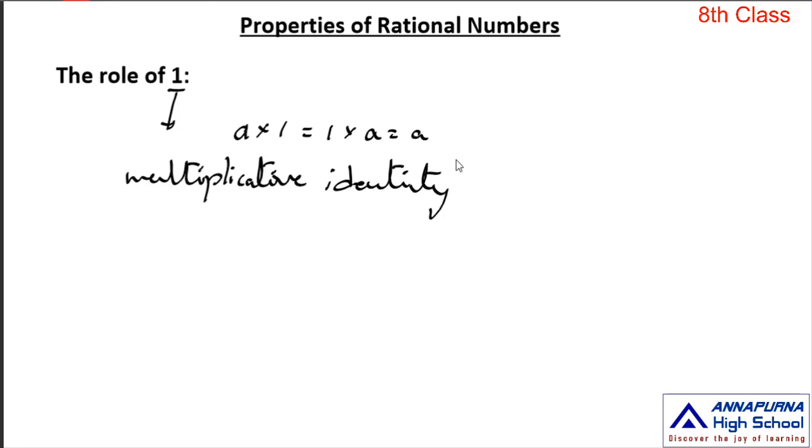Okay, so the role of 0 and the role of 1, these two are the most important for the existence of identity elements. If these two elements exist in the collection of numbers, then we say the collection of rational numbers satisfies that property, the fourth property, existence of identity element.